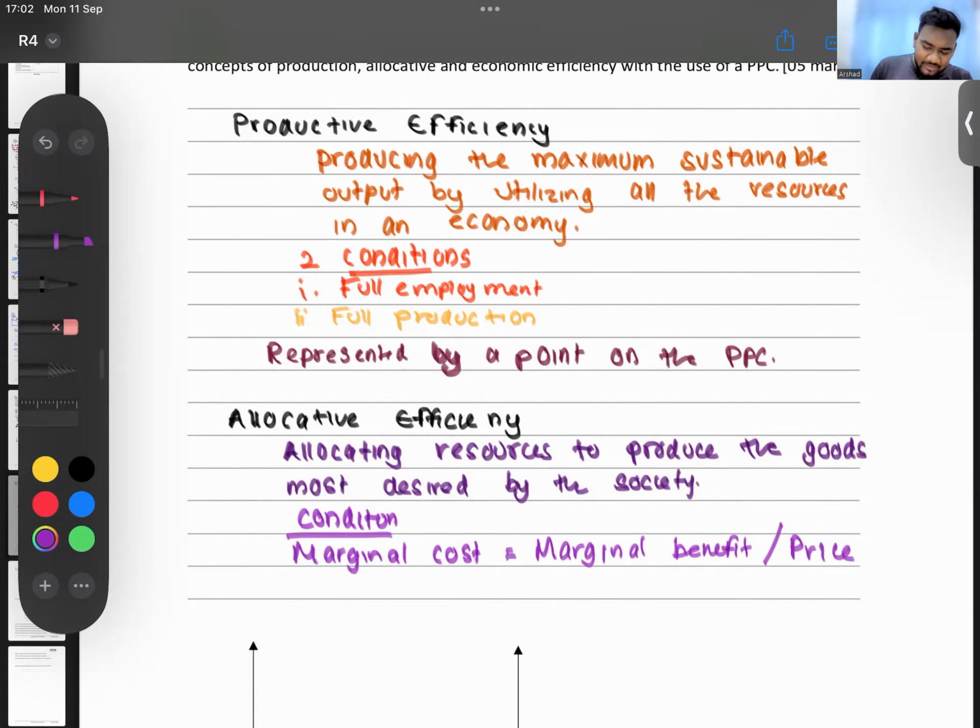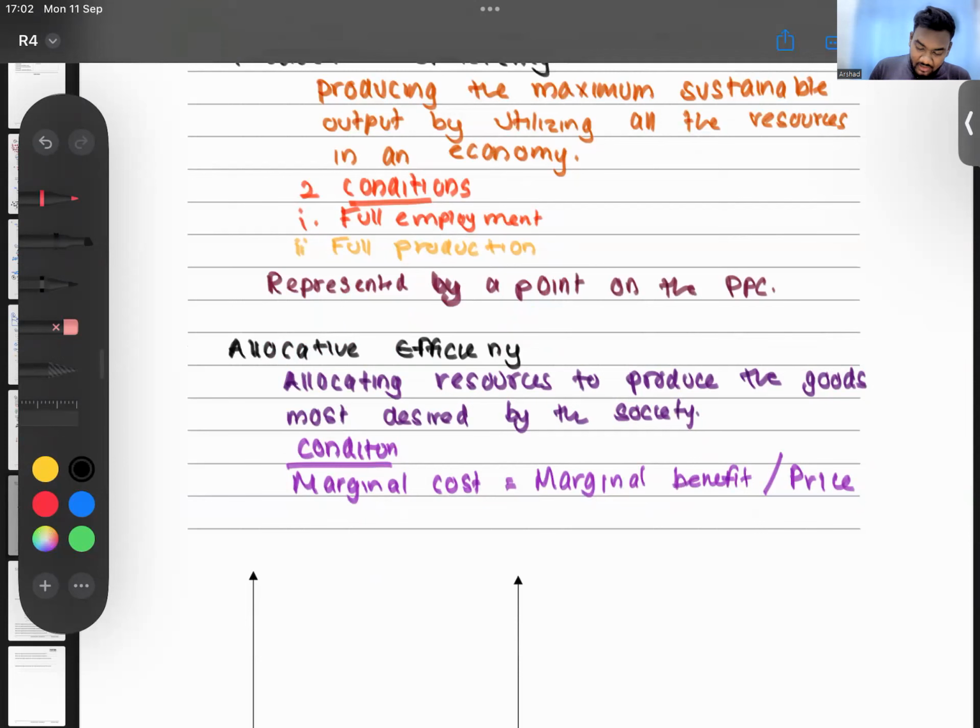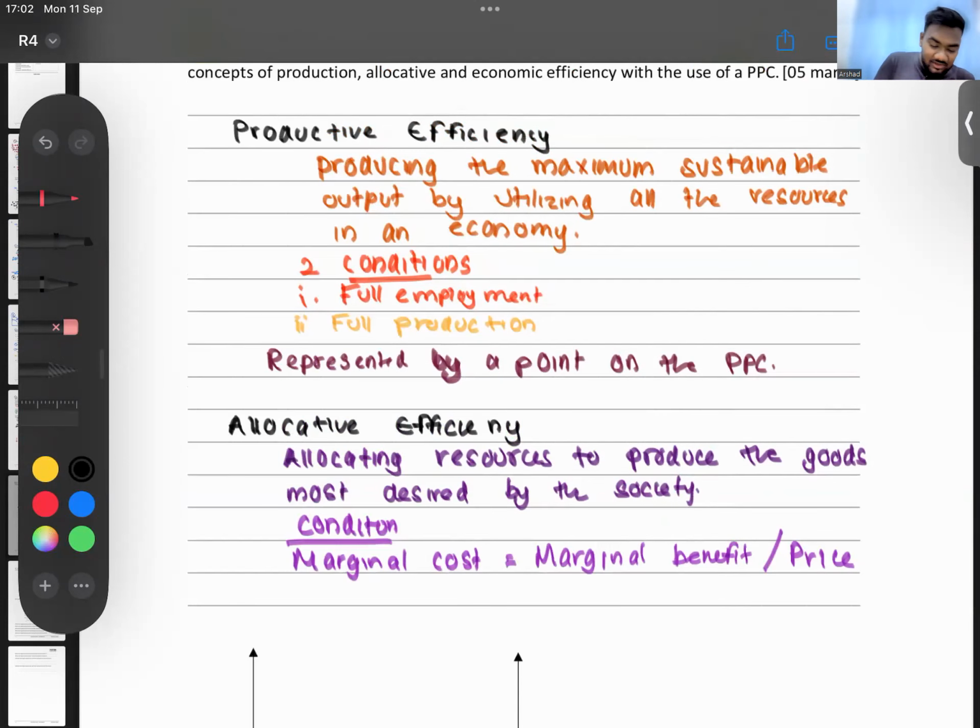Then economic efficiency. I will write on this side since I don't have much space. Economic efficiency is when you have achieved both productive and allocative efficiency. You are producing the maximum sustainable output of an economy, producing the most desired goods and services at the most efficient level.